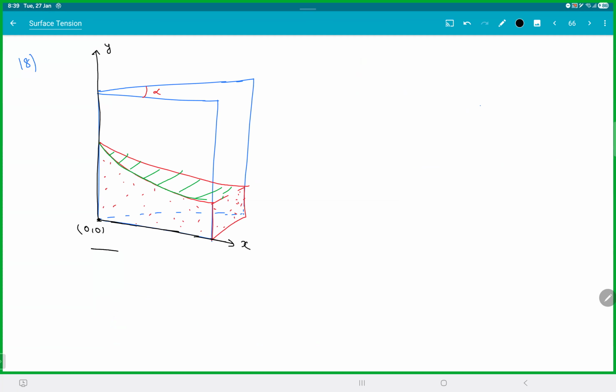See, at a distance x from here, take a small dx. So let's take a small dx here. I'm taking that small piece there.